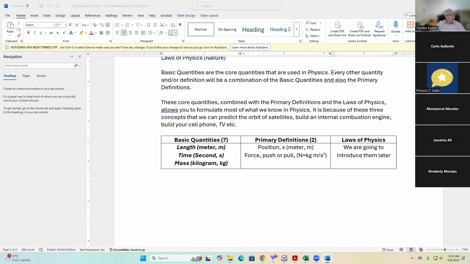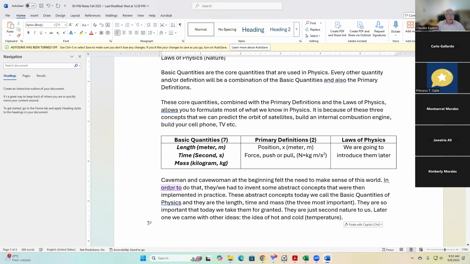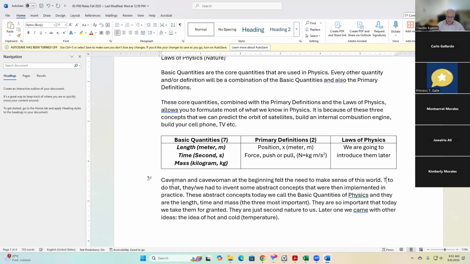So I like to say that even before the beginning of civilization, I would say caveman and cavewoman at the beginning felt the need to make sense of this world. In order to do that, we had to invent some abstract concepts that were then implemented in practice.